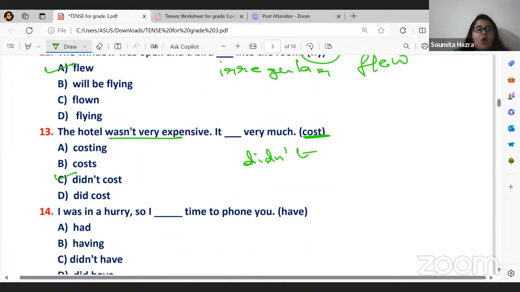Acha, someone said costs. The hotel wasn't very expensive. From here, you can understand that this is written in past tense. Costs is used in simple present. Now, if the first half of the sentence is written in simple past tense, the other half will not be written in simple present tense.